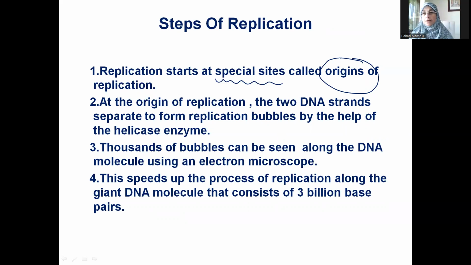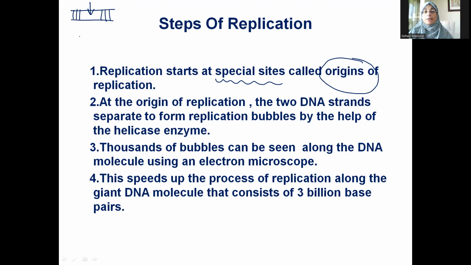This indicates that we have several specific points on the DNA molecule where we are going to start the process of replication. Say for example, that I decided that this is an origin of replication. So the helicase enzyme will split the hydrogen bonds here in the middle of the DNA molecule, not necessarily at the extremes of the DNA molecule.